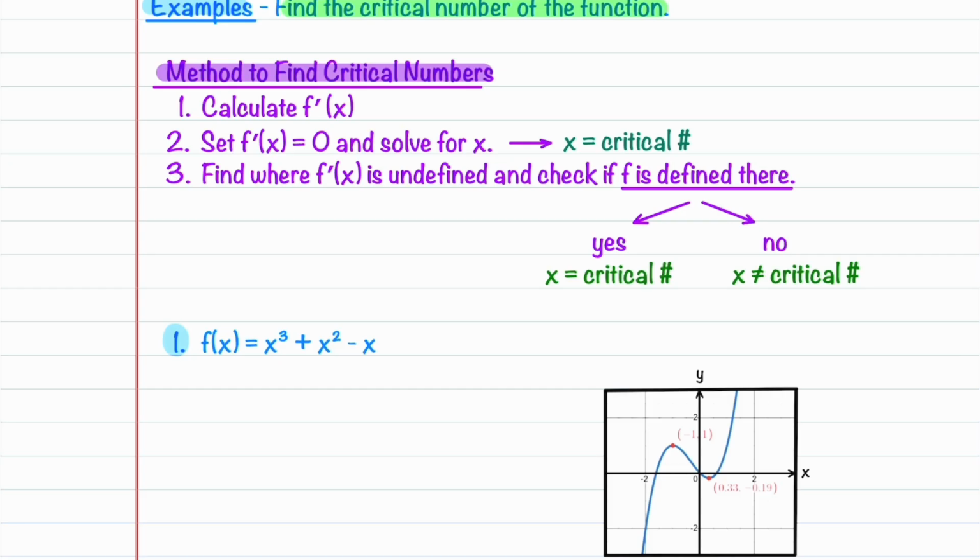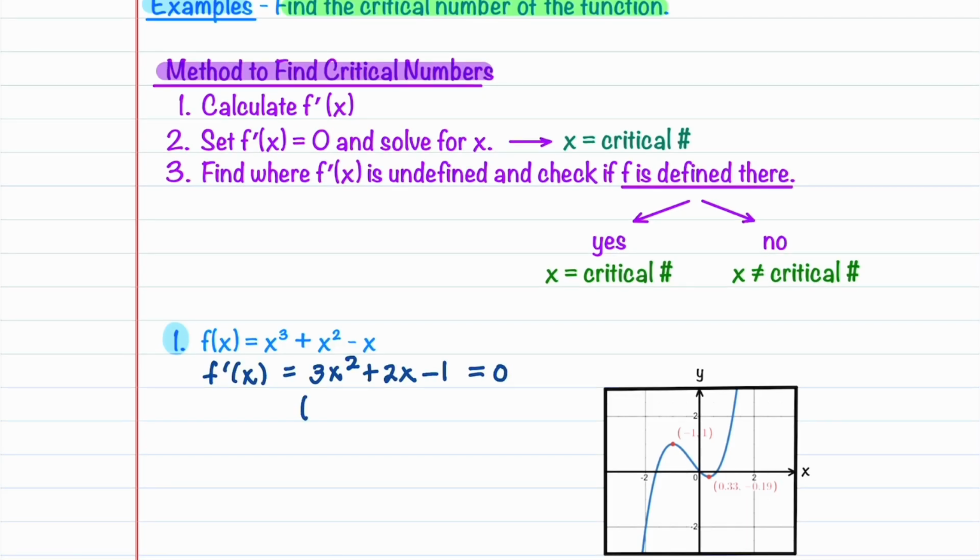Our first step is to calculate f prime at x. So let's do that. F prime at x is equal to 3x squared plus 2x minus 1. And then our second step is we're going to set that equal to 0. We can factor this. This is 3x minus 1 and x plus 1.